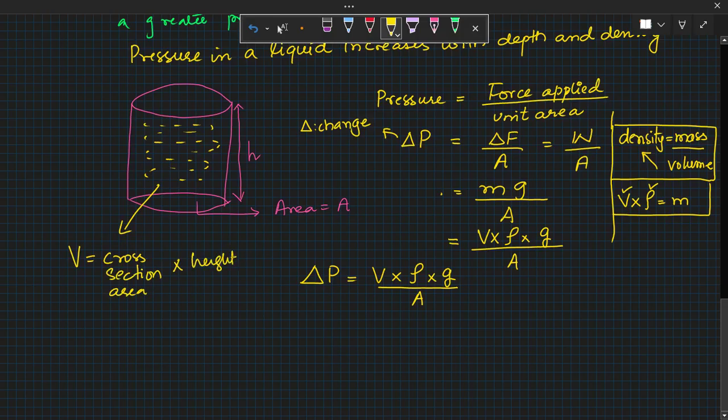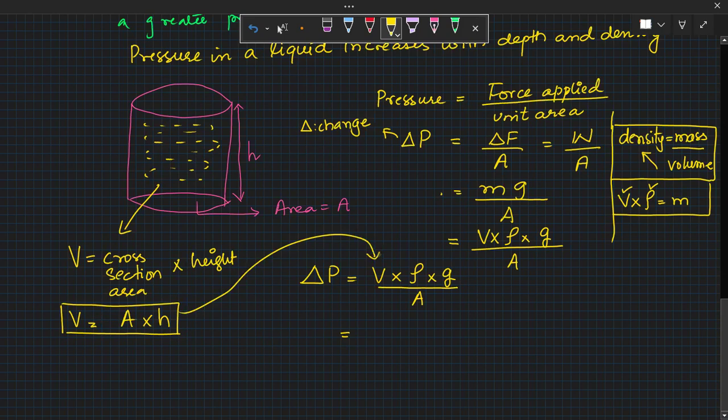So area times height will be volume. Now, can I plug the value of volume over here? That's going to be area times change in height times density times strength of gravity divided by area. So, do you agree that this area and this area get cancelled?